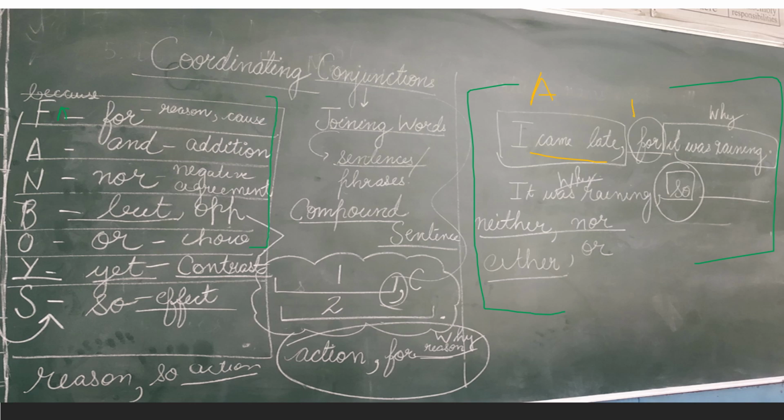Then there is a conjunction, and why did I come late? Because it was raining. So rather than writing because, I have used for. Now the other way: it was raining, so I came late. I am giving the reason first and then the action. So this is a perfect example for so and for.